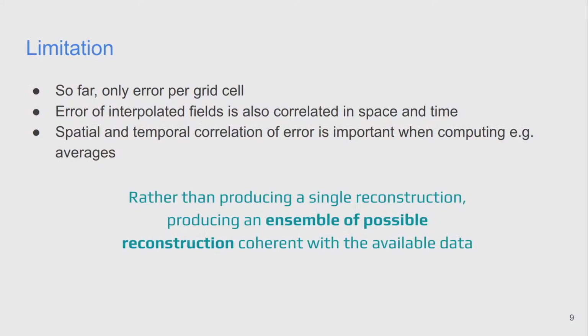Okay. But there's a big limitation that we have here. So far, we have an error per grid cell. Okay. So we have an image as an input, with clouds, and we get a full image as the output, and then for every grid cell, we get an error estimate. But once you do something on this reconstructed image, which involves different grid cells, you need to know how the errors in different grid cells are correlated.